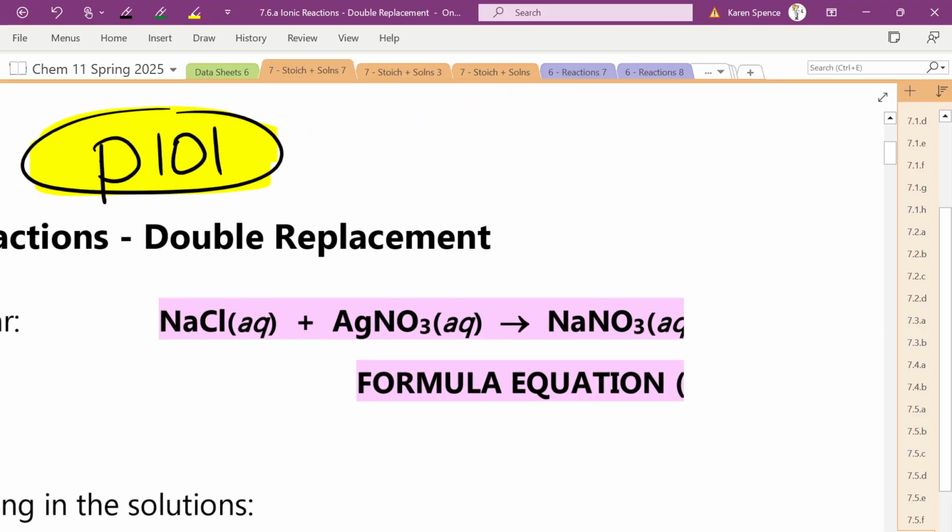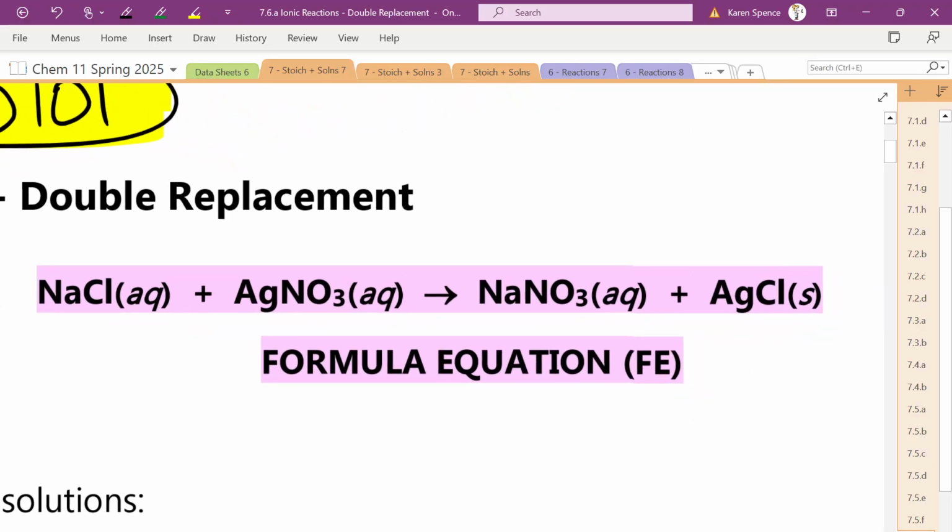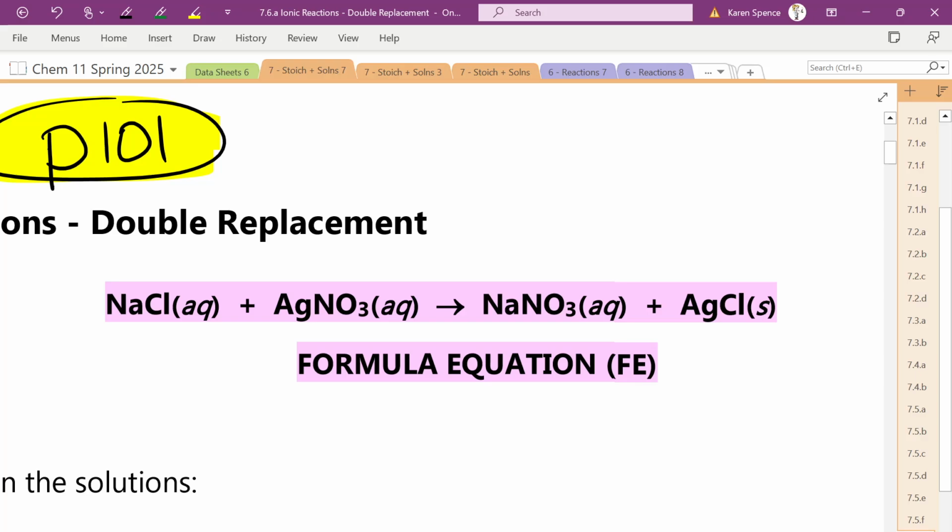So here is a double replacement reaction, which if you recall, we combine our outside ions to get NaNO3, and we combine our inside ions to get AgCl. And that is what we call the formula equation.